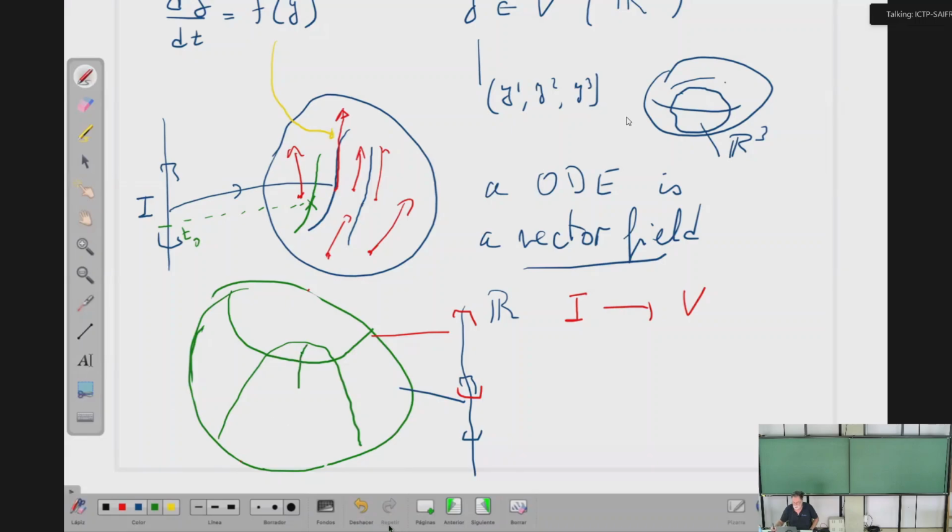Let's do it in another color. I have a solution that starts here, comes here, and covers the whole chart. This is the point x0. So I have an interval here, and my curve. And here I have another chart, another coordinate system, and a solution that goes from here up to there.